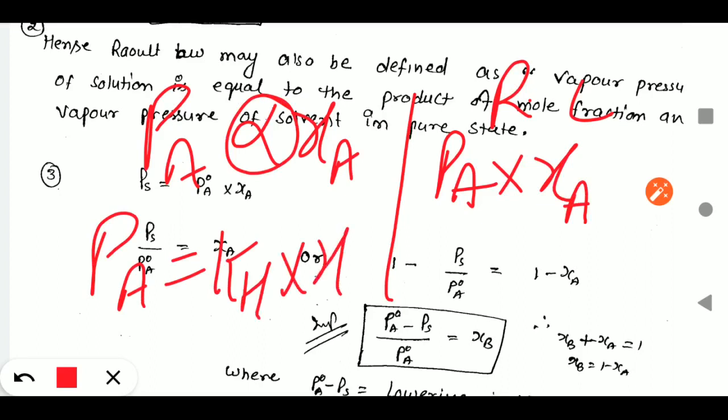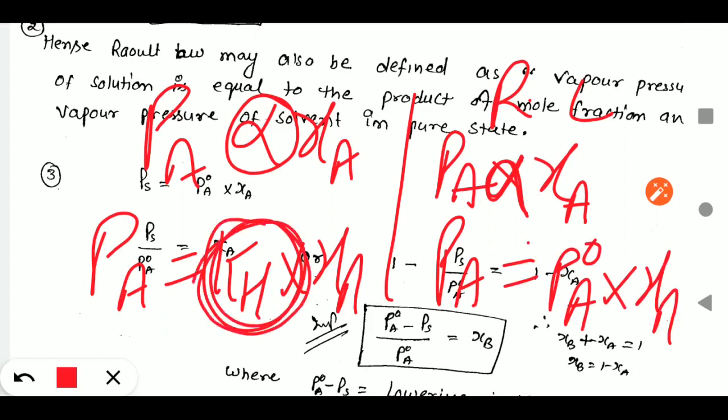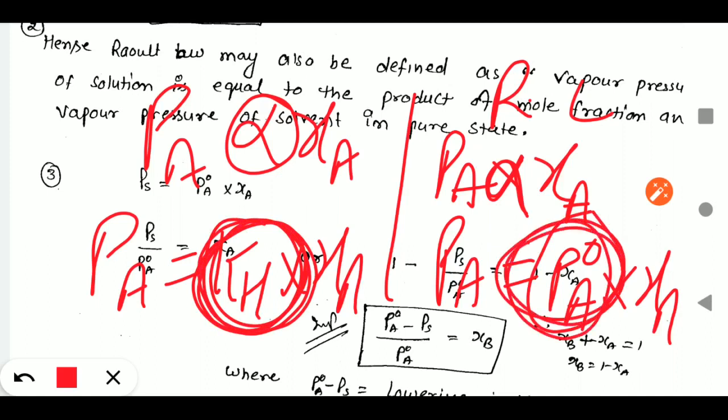I already told you yesterday. But here, when you replace the sign of proportionality, you get a constant, and this is the vapor pressure of the pure state. This is the constant. So how does Raoult's law differ from Henry's law? In terms of the constant. Here the constant is the Henry constant, here the constant is the vapor pressure of the pure state. So this is the difference.